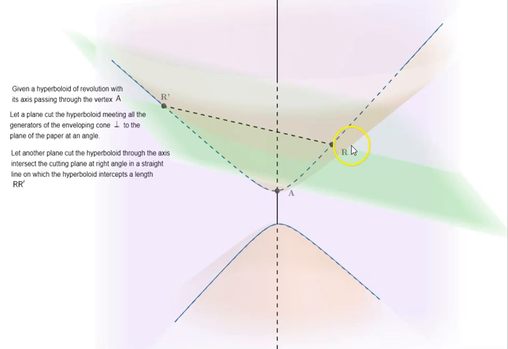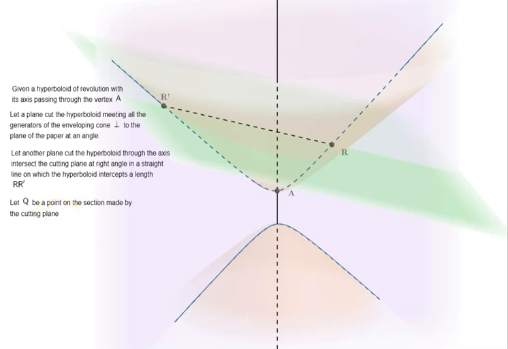So these two planes will intersect each other in a line, and the part that is intercepted by the hyperboloid is r prime, and that is the major axis of the ellipse, which will be the section of the hyperboloid by the cutting plane.